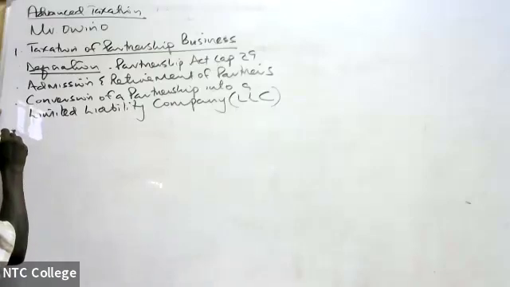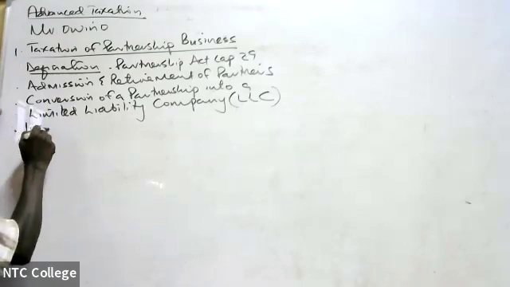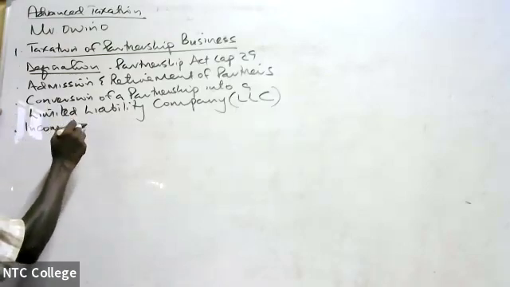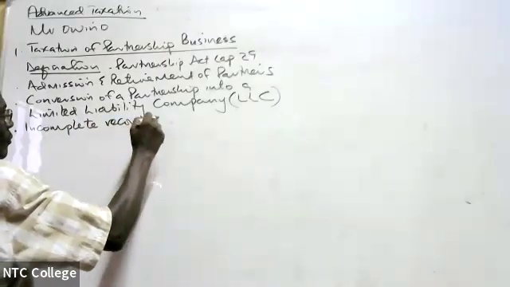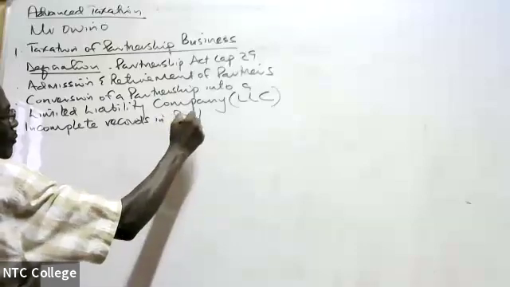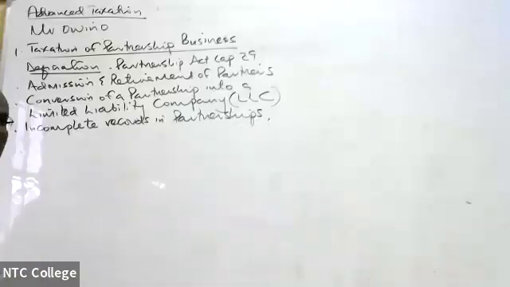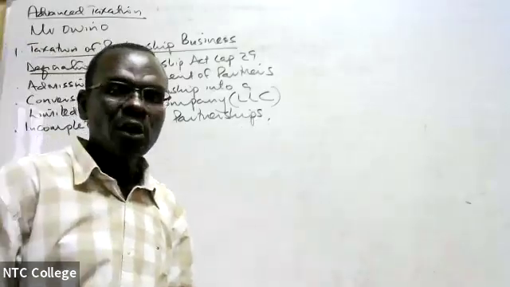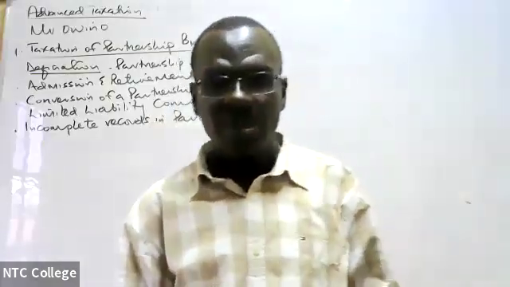The last subtopic, we have only 4 subtopics in partnership, is called incomplete records. Incomplete records in partnerships. Now, those are the 4 areas of coverage, and we're done with that topic.